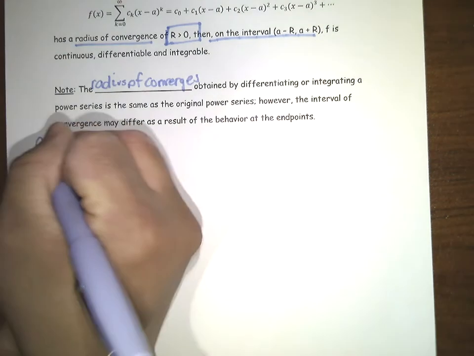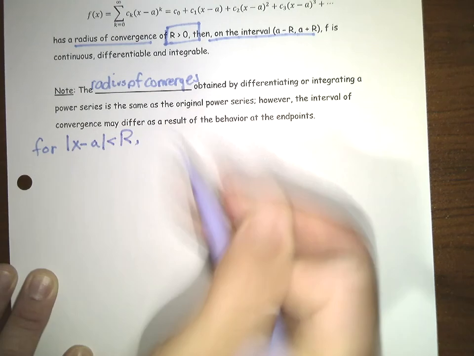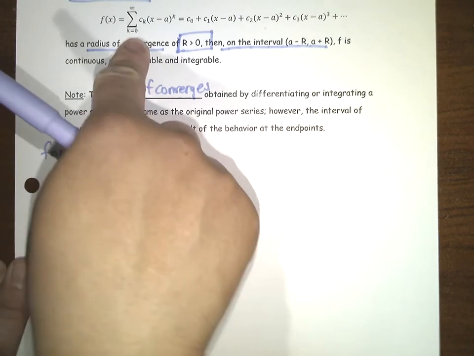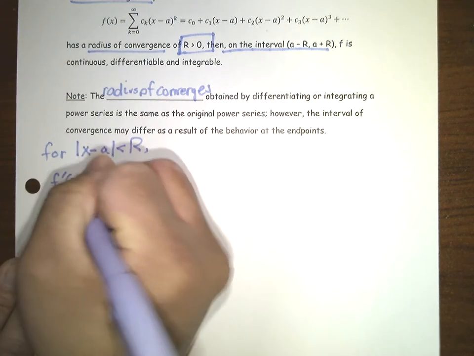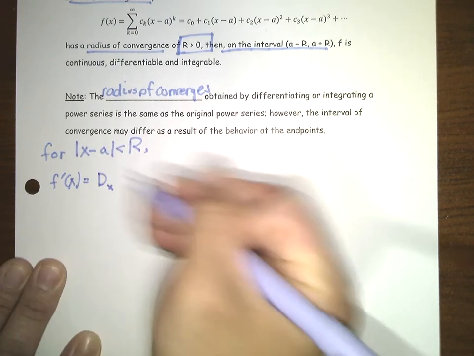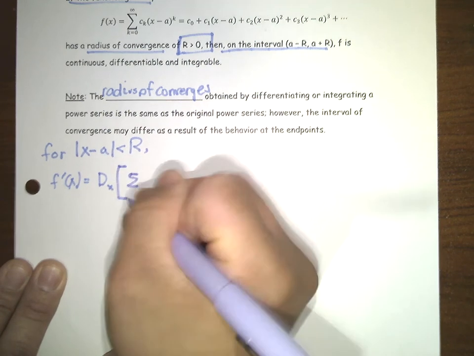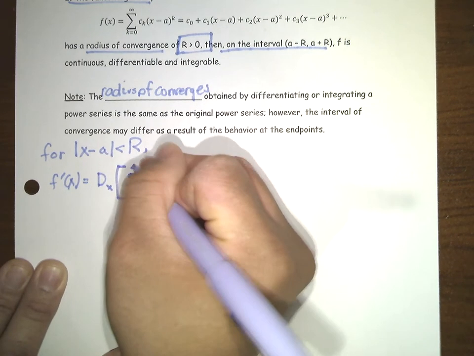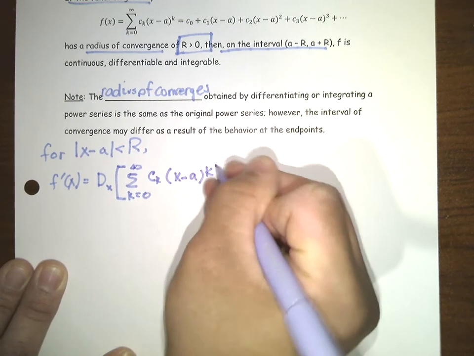So for the absolute value of x minus a is less than r, if I want to differentiate this power series, then f prime of x is d/dx, the derivative with respect to x of this series. So sum k equals 0 to infinity of ck times (x minus a) to the k.